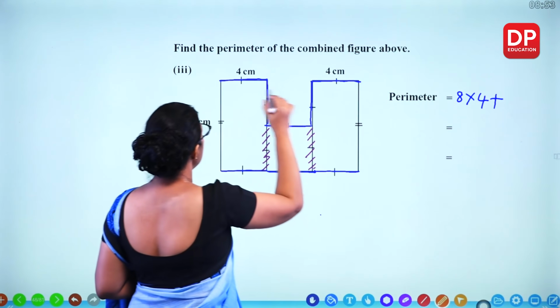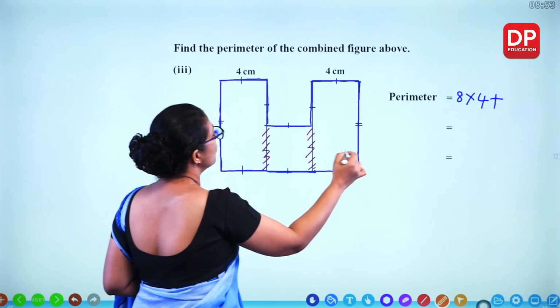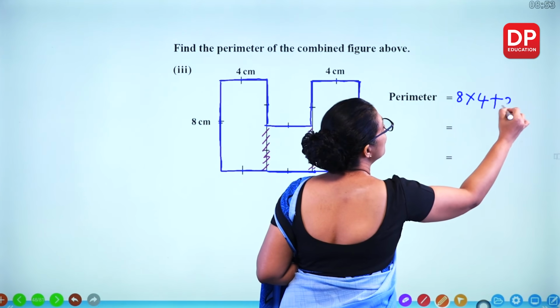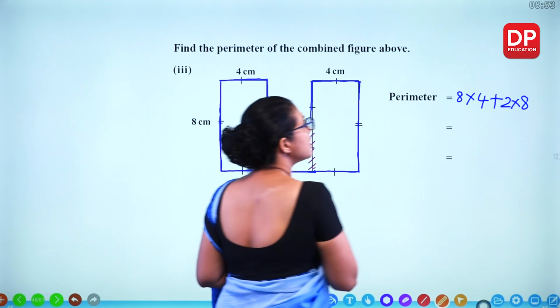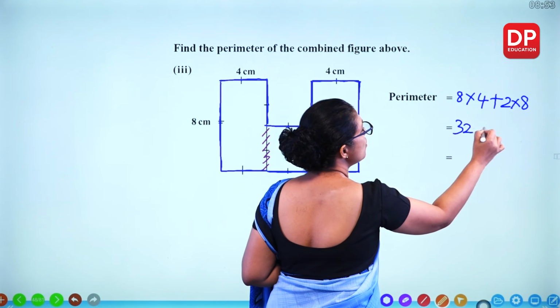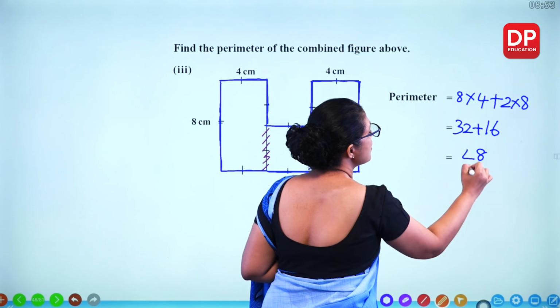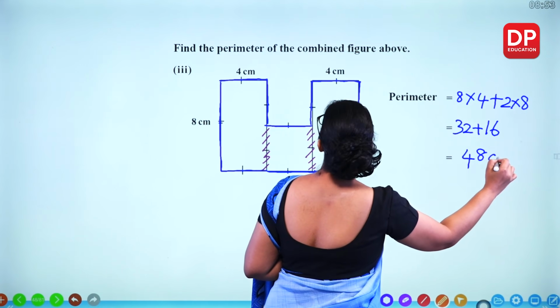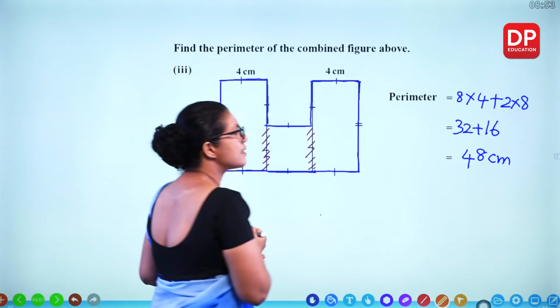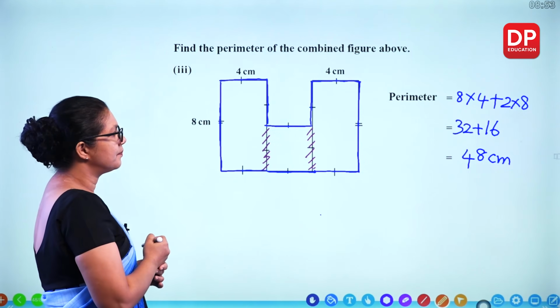And how many 8s are there? 1, 2. 2 times 8. Now add it together. 8 times 4, 32, and 16. You get 48 centimeters. So 48 centimeters is the perimeter.